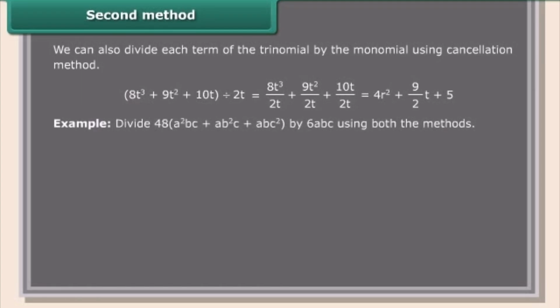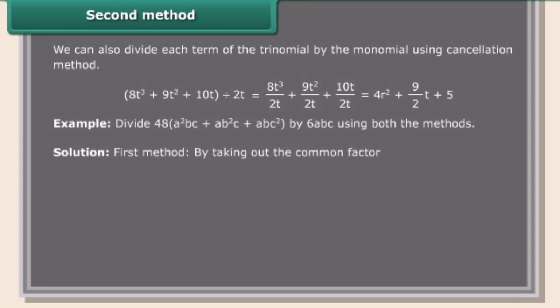Example. Divide 48 into a square bc plus ab square c plus abc square by 6abc using both the methods. Solution. First method.